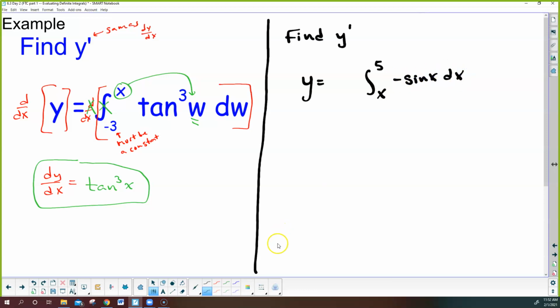So I'm purposely making this one much friendlier. Now, if you want to do this one the long way, they still want us to find the derivative. So I have to take dy dx of both sides.